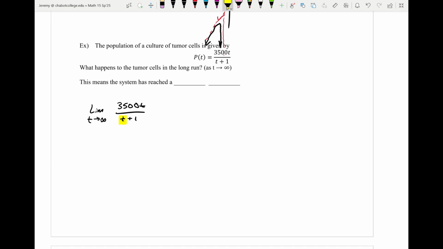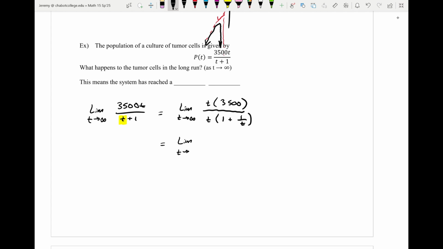So the highest power is just t to the first, so let's factor that out. So I'm going to factor out t in the numerator and denominator, so I'll have t times 3500 up top, and then I'll have t times 1 plus 1 over t in the denominator. Those two t's can make a big 1 and they'll go away.